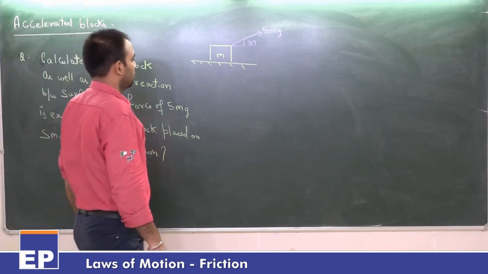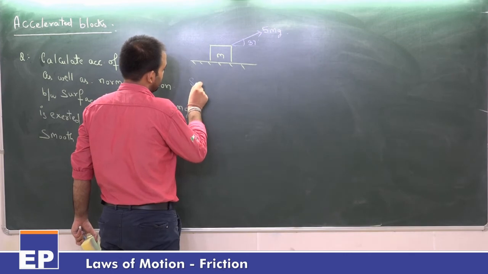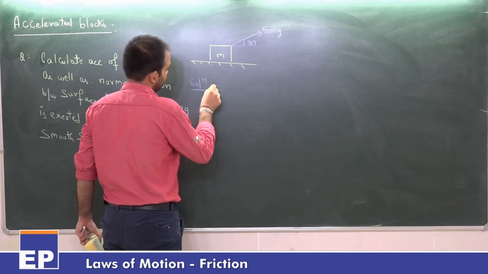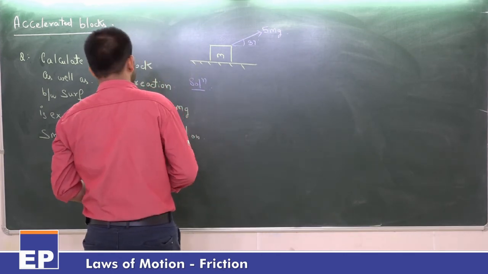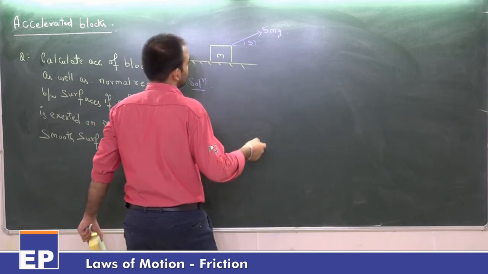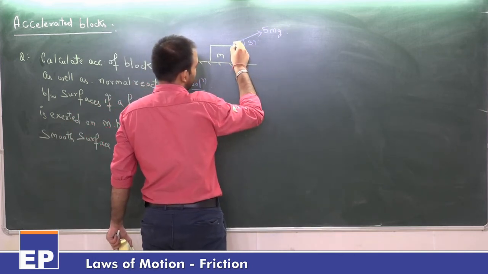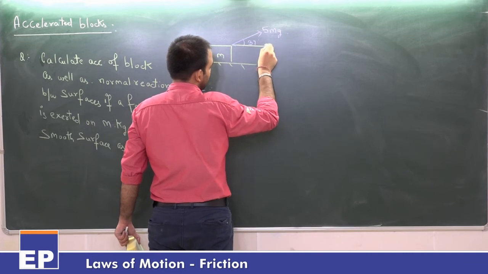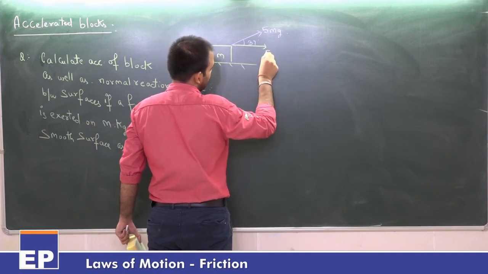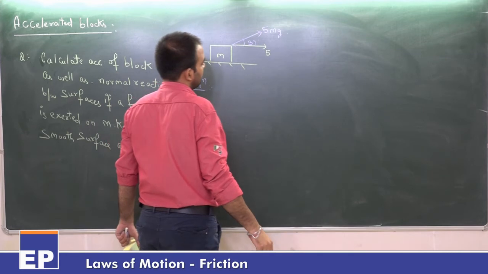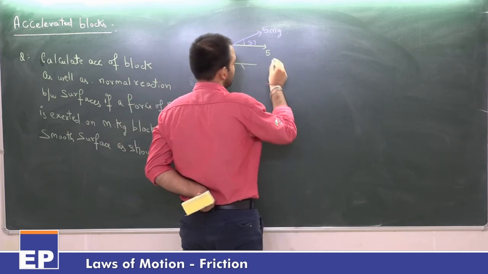So you can see now the block is not at rest, it is not in equilibrium. If we resolve the force, it has two components. One is the component along the horizontal, 5 mg cos 37. What is cos 37? Cos 37 is 4/5.